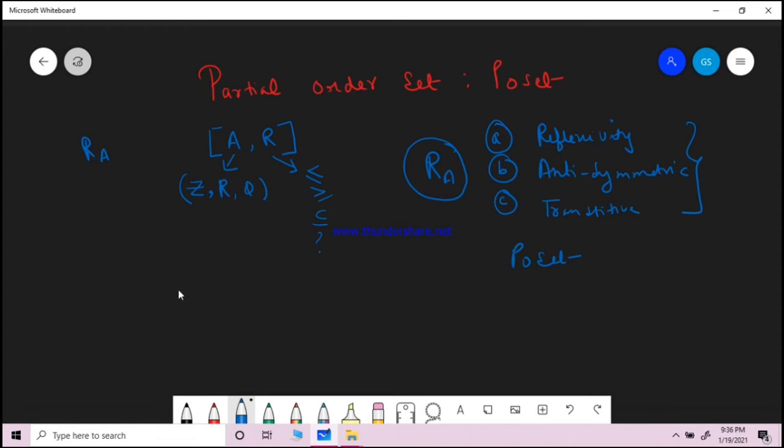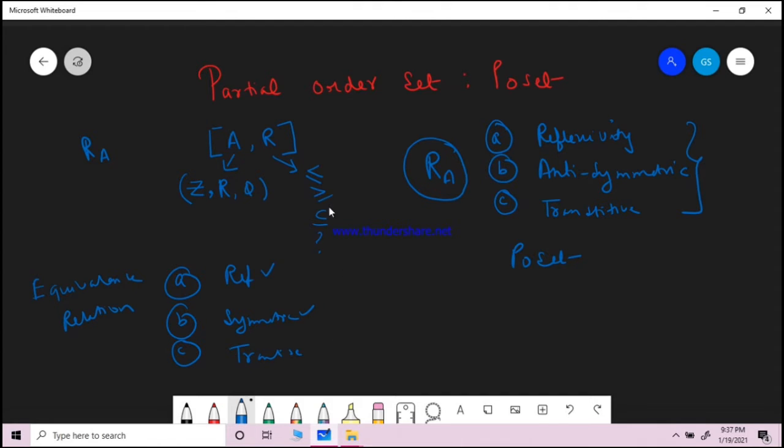Earlier, in the previous video, we have studied the equivalence relation. The equivalence relation also has three properties, but the difference is this: in the case of an equivalence relation, the first property is reflexivity itself, the second is symmetric, and the third is transitive.